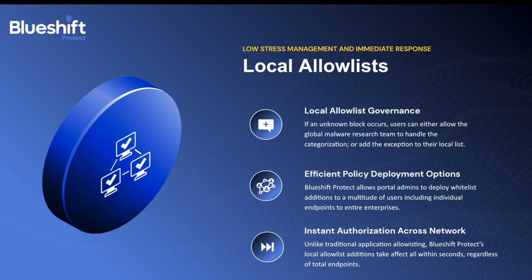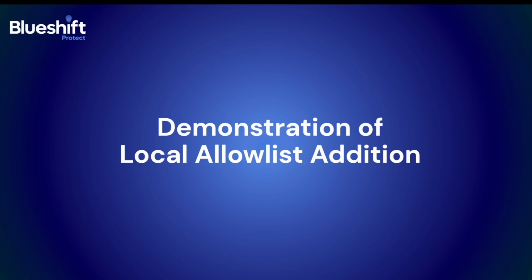It can be allowed for the whole organization. It can be allowed for a group of endpoints. It's very customizable about how you allow that custom piece of software to run. So again, this allows that custom software to run in an organization that wouldn't be on a normal allow list. So we can show an example of that here too. So let's take a look at how the local allow list addition works.